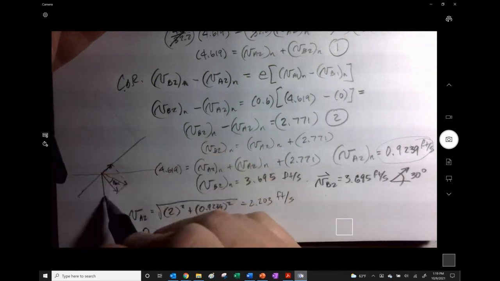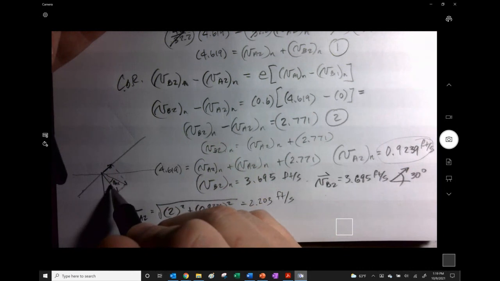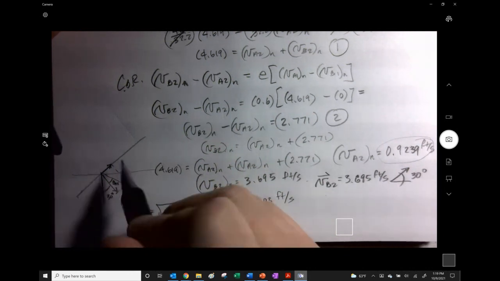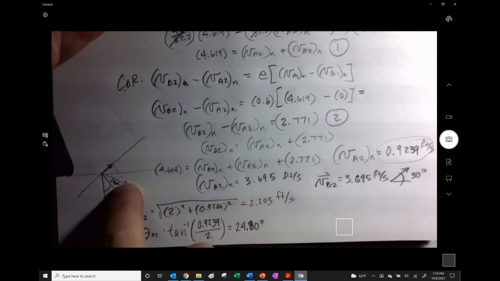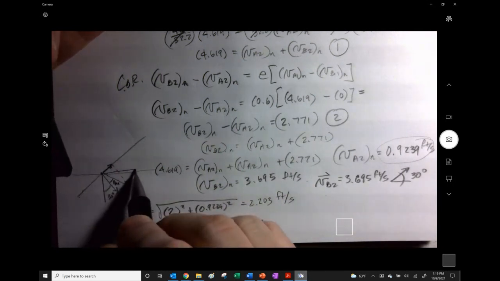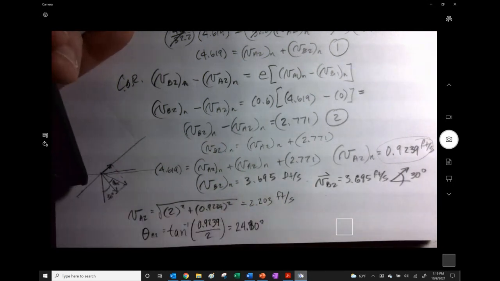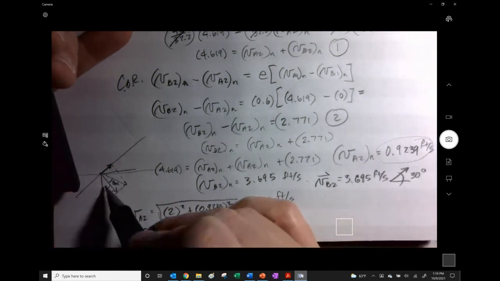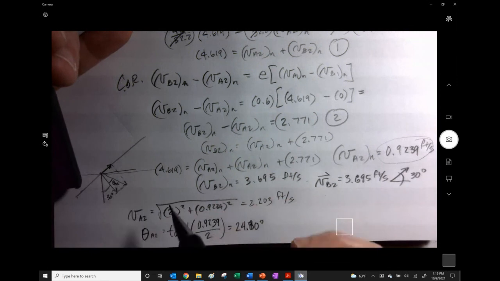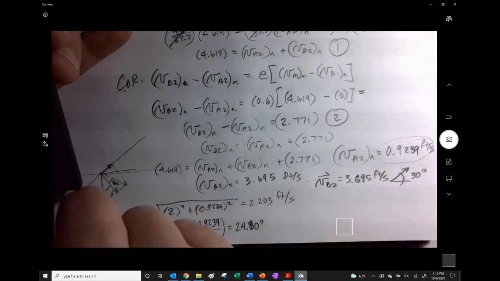We could see that this right here is 30 degrees, so we'd add those two together. But that's going to be from vertical, so we should actually subtract 90.